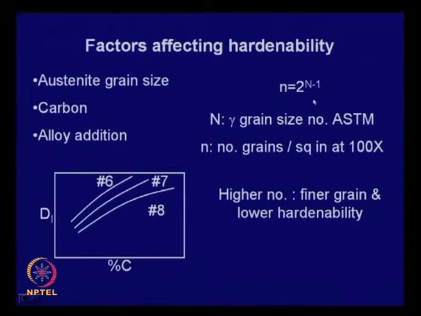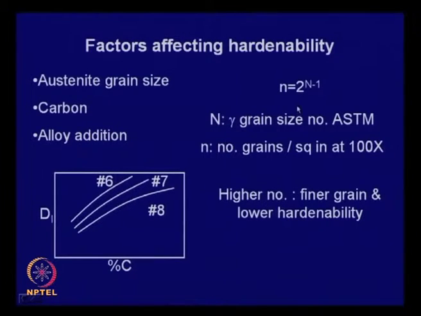The ASTM method is like this: n is an index number, where the number of grains you see at 100x magnification in 1 square inch is related to n. So, if n is 6, you will find 32 grains in 1 square inch.